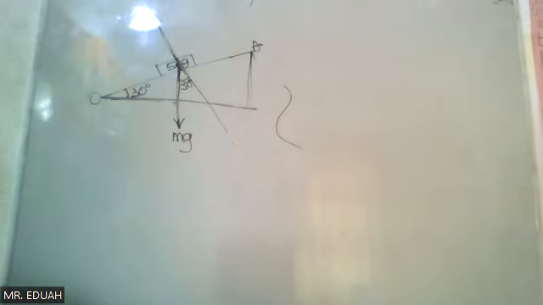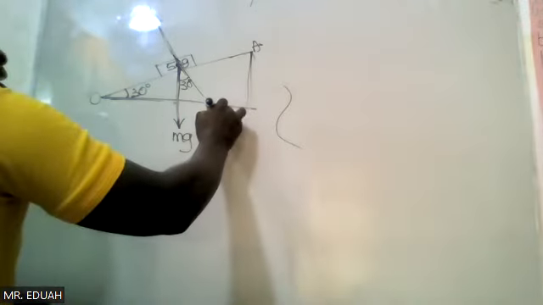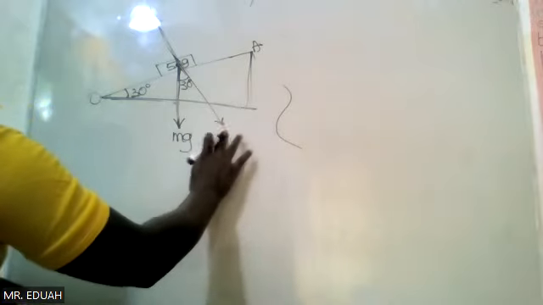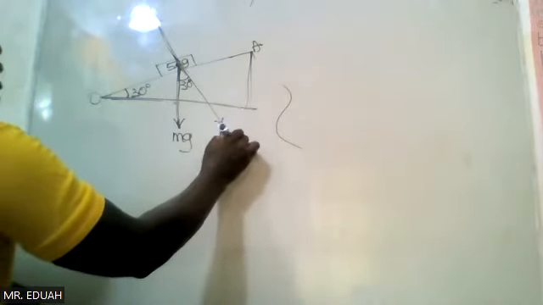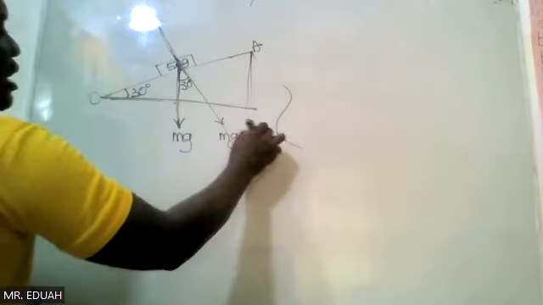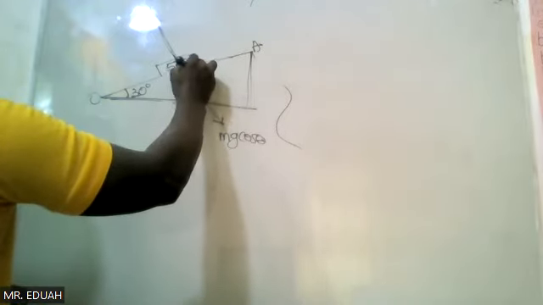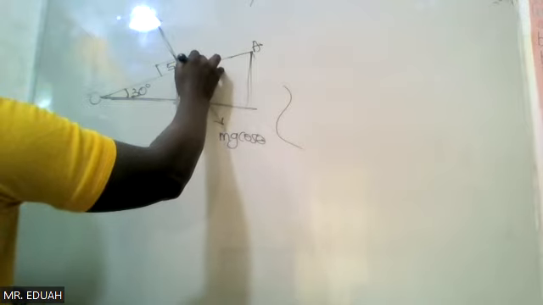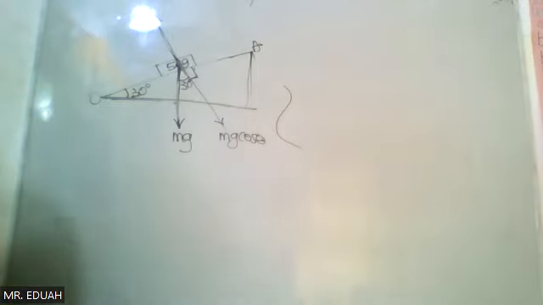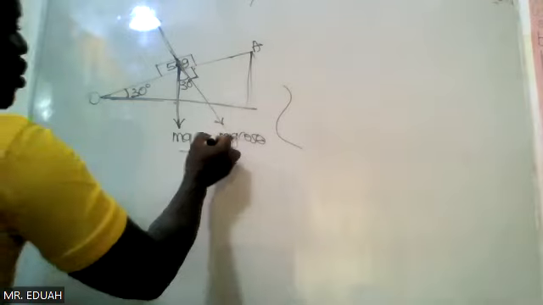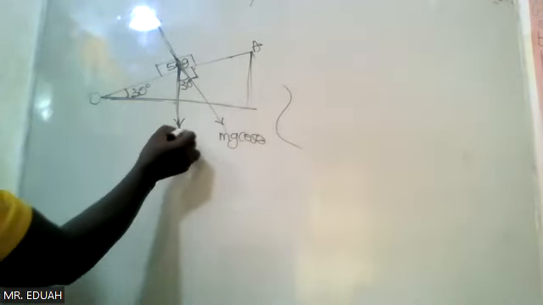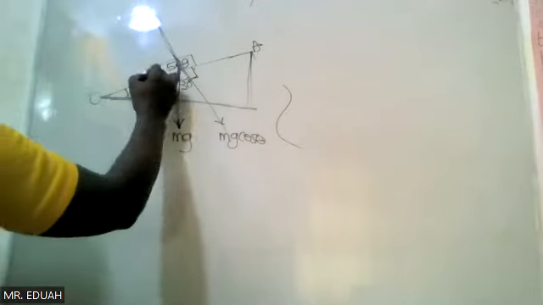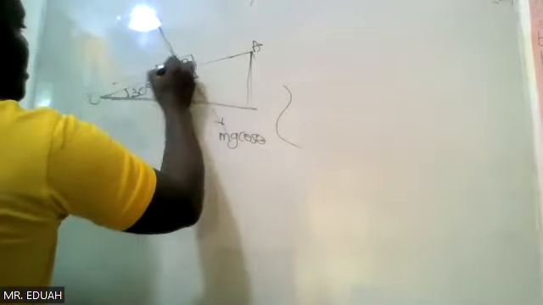On an inclined plane, this component of the weight, mg cos theta, is always perpendicular to the plane, making an angle of 90. There is also another component of this weight, mg sine theta, which is parallel to the plane.